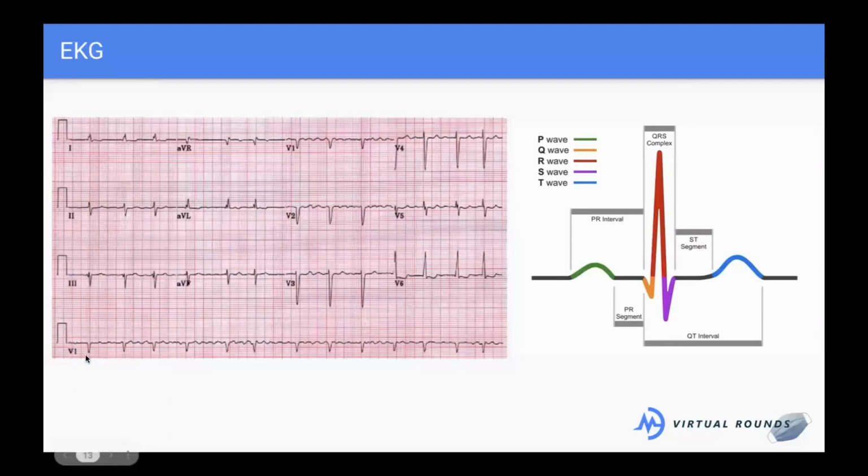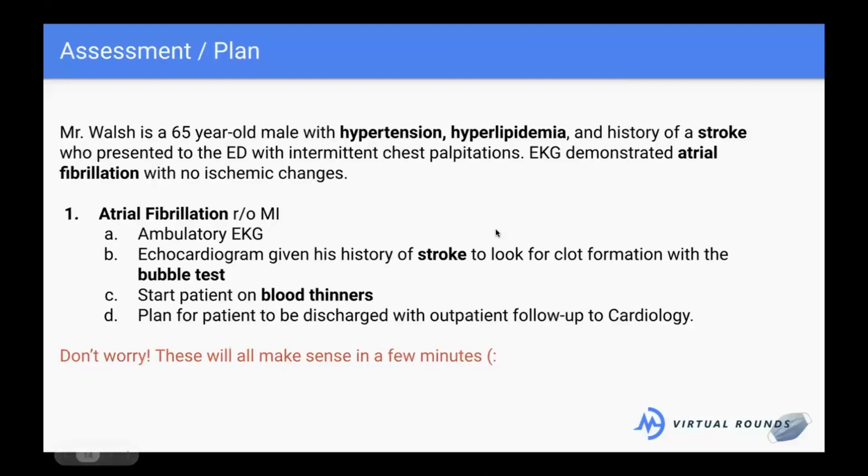If you were to take a little ruler and march out how far each of these is, you would notice that it is not consistent, as it should be for most of us. So this is indicative of an abnormal rhythm. That's one of the first things that we would notice about this EKG, and really the only important thing I want you to see. This is actually suggestive of his diagnosis, which I will share with you here.